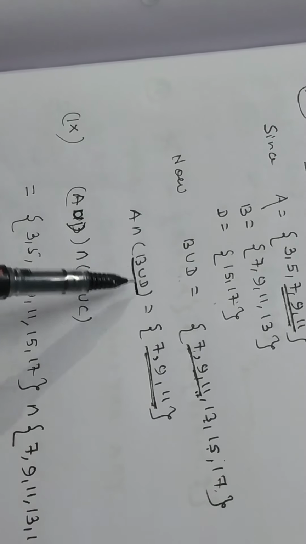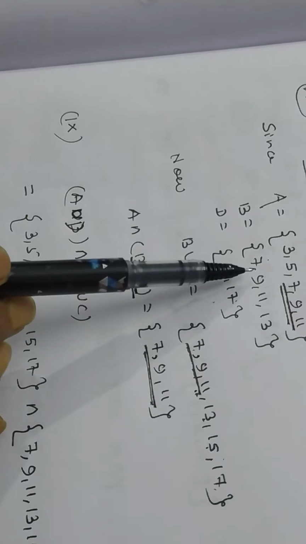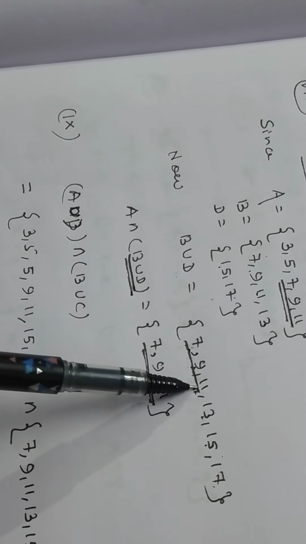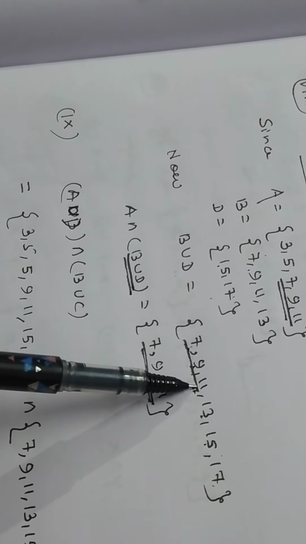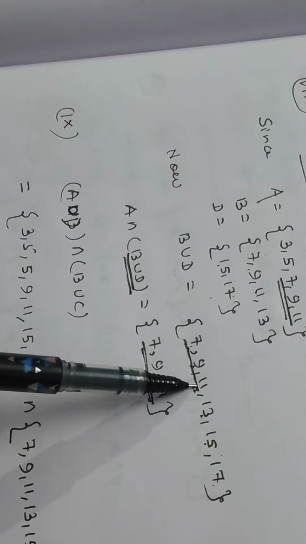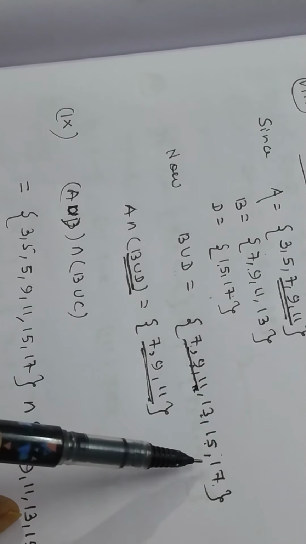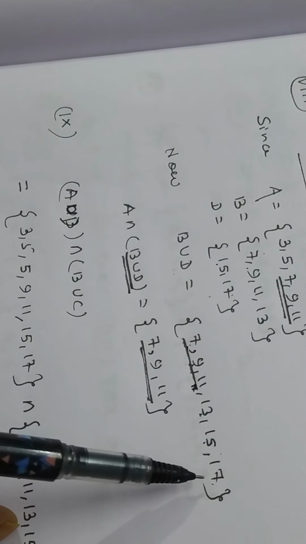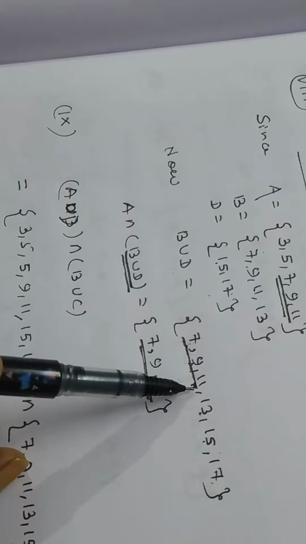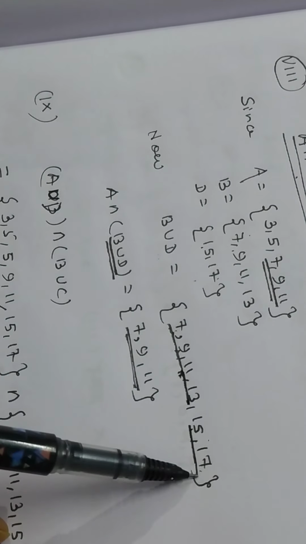First you find B union D. What is B union D? 7, 9, 11, 13, 15, 17.